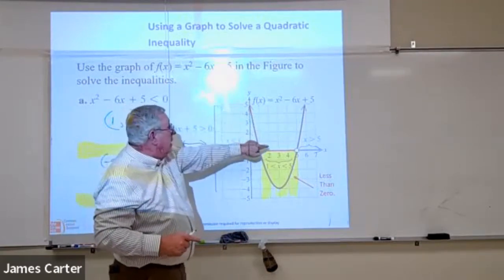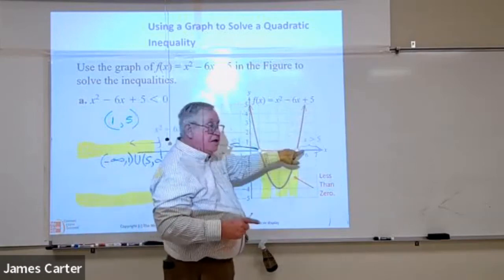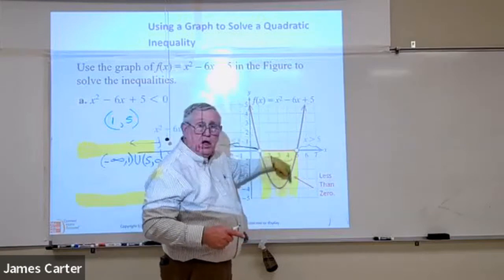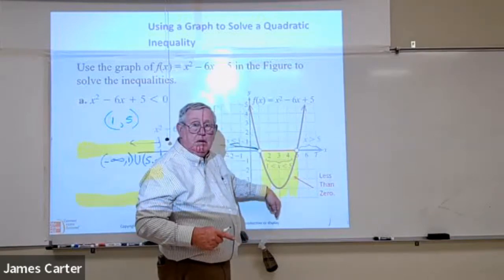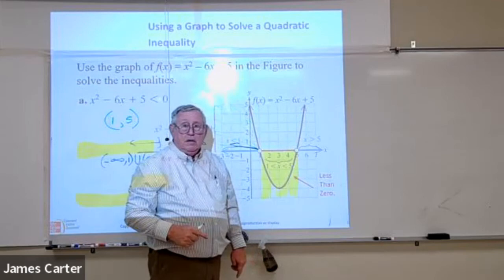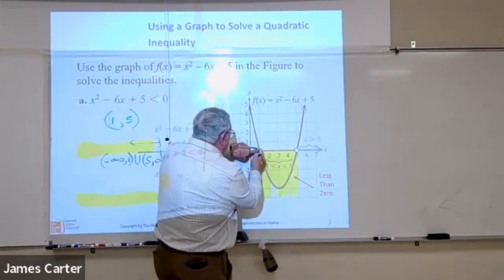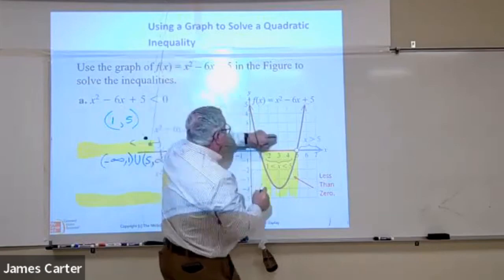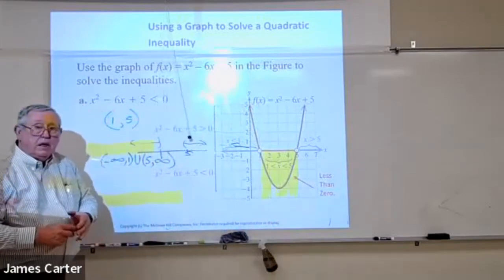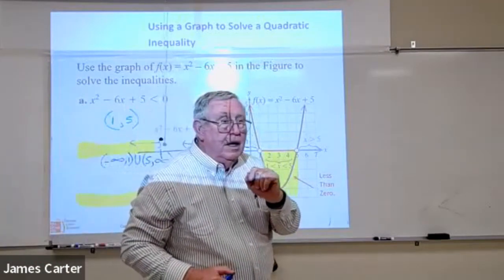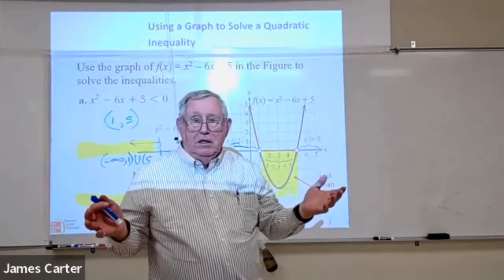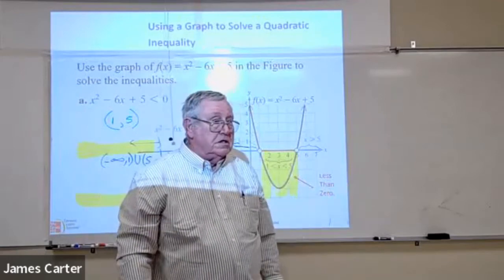All of this is above the line. All of that is above the x-axis. This part in between is below. This part down here is below the x-axis. The part above is anything from here out that direction, or anything from here out that direction. You're looking for what's above the line or what's below the line, depending on the symbol.